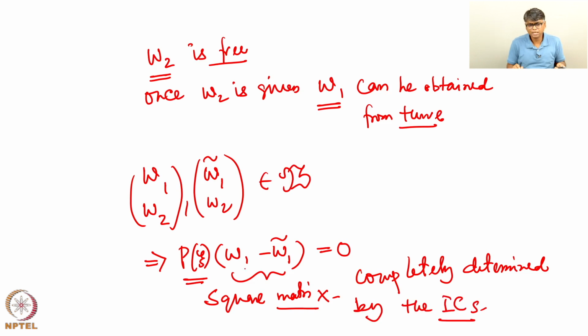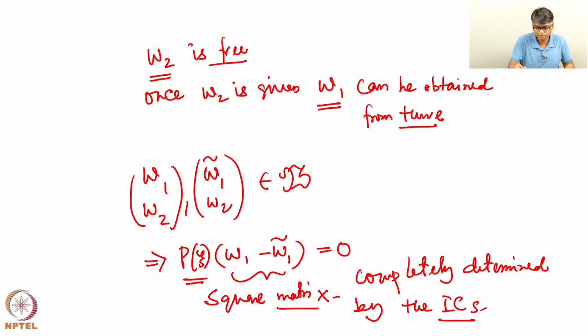So W1 and W1 tilde will differ by whatever the initial condition determines. You cannot make any changes anymore, so nothing can be free in W1. Because nothing can be free in W1, it means W2 is maximally free.